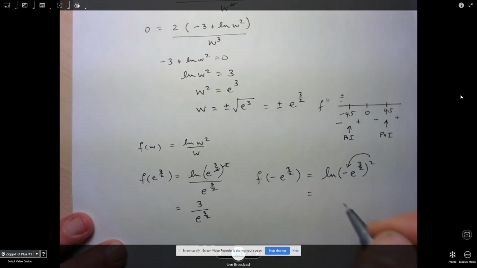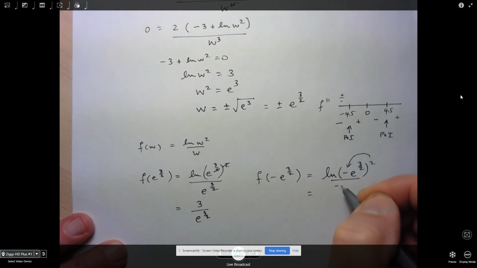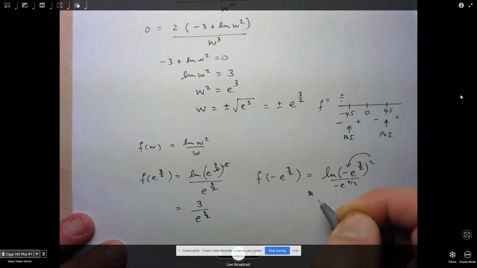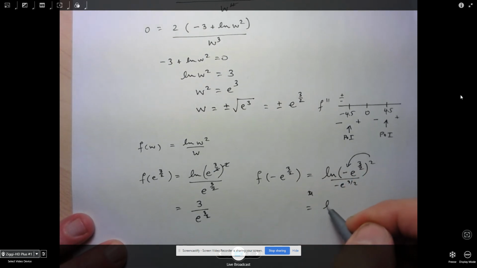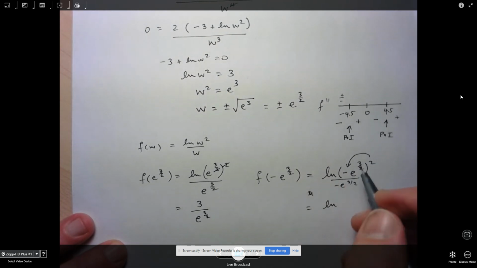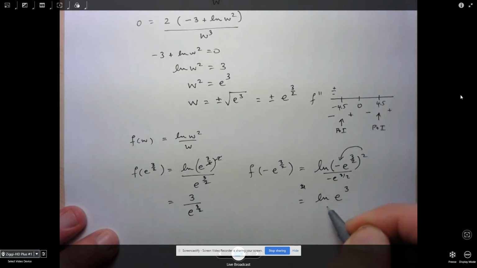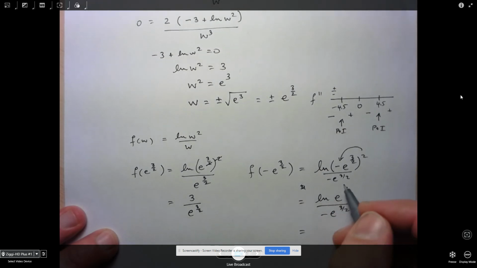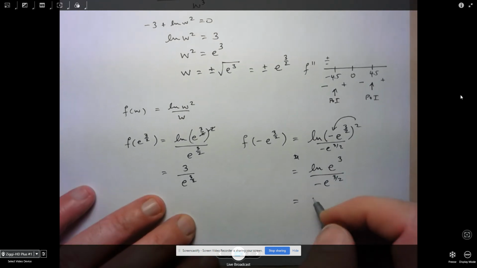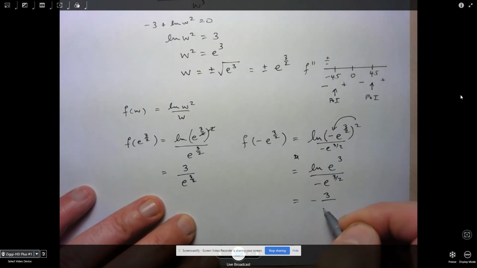So maybe this one here, I'll write it out, over negative e to the 3 halves in the denominator. So here we have ln of, remember, a squared negative number becomes positive. So this just becomes e cubed again, over negative e to the 3 halves. And again, that's just equal to 3. So we end up with negative 3 over e to the 3 halves.